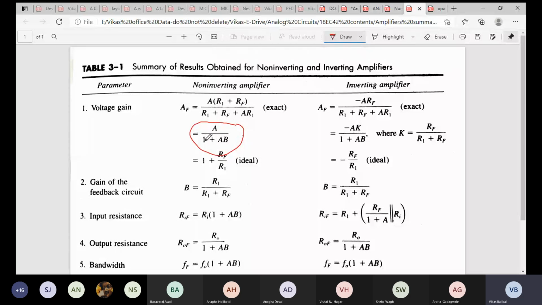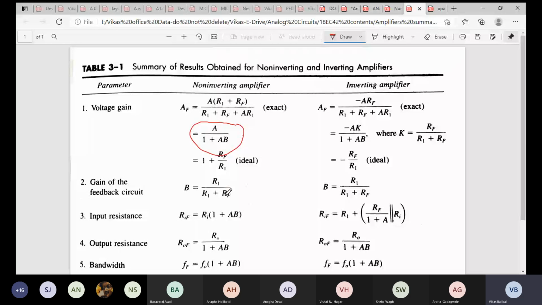Standard equation means when I don't know the resistive components in my circuit, or I just say that there is a voltage amplifier and all the components which form the feedback network are represented by the term beta. There I don't specifically say what beta is. So my general equation will always be A divided by 1 plus A beta. You remember this. This is the general equation of any amplifier with feedback.